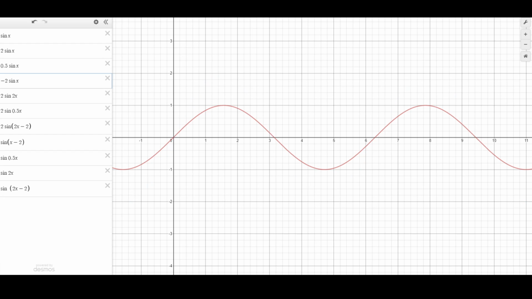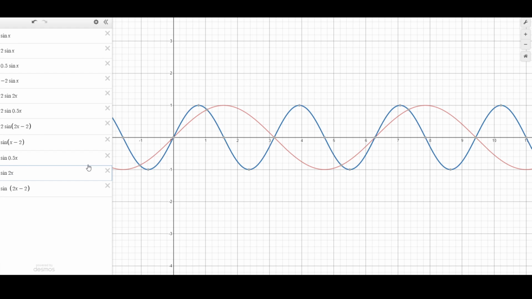Okay, so what if we want to modify the period, not the amplitude? If you want to change the period, you multiply a certain number to the x itself. So instead of 2 sine x, we use sine 2x. If you do that, as you can see here, the period is changed.